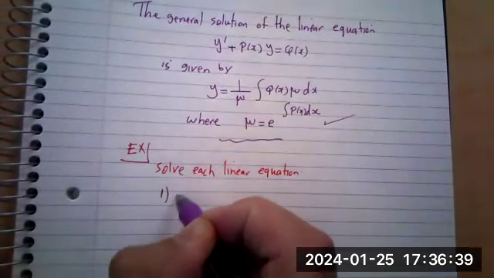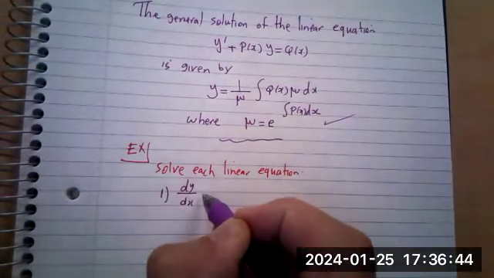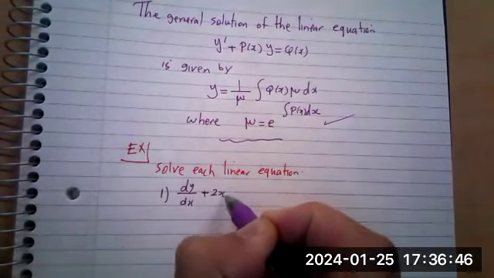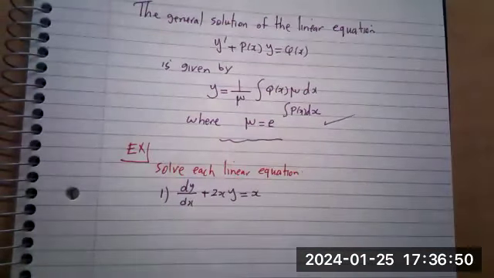First one, dy dx plus 2xy equal to x. The equation is linear. You identify p(x) and q(x).